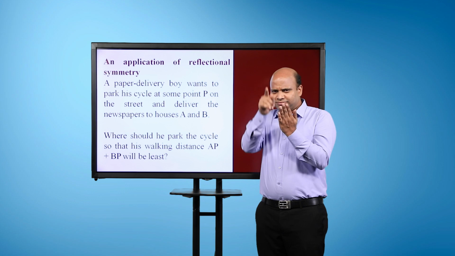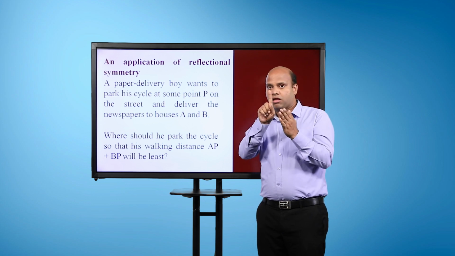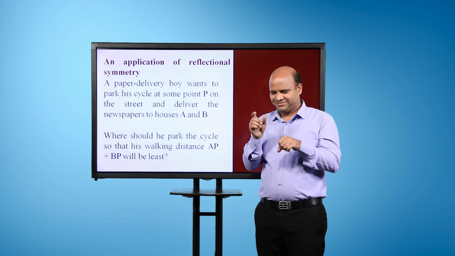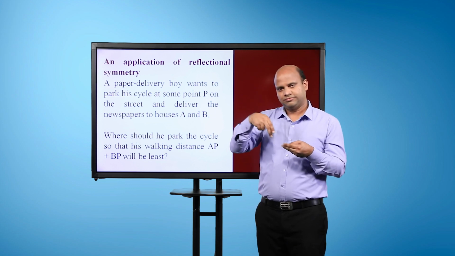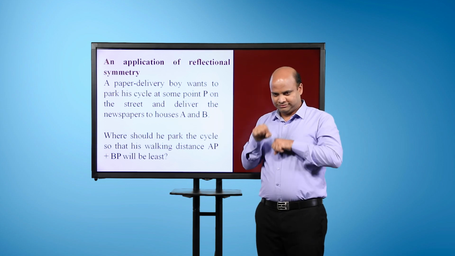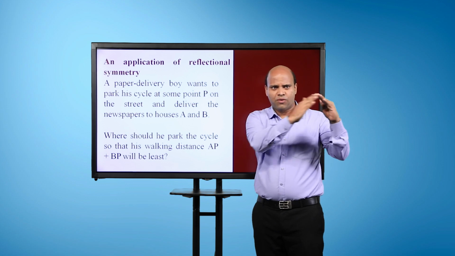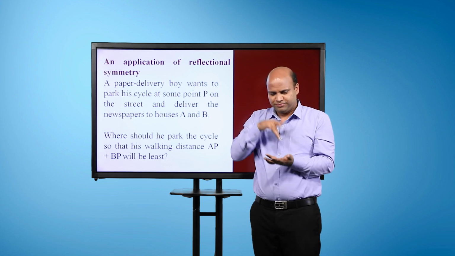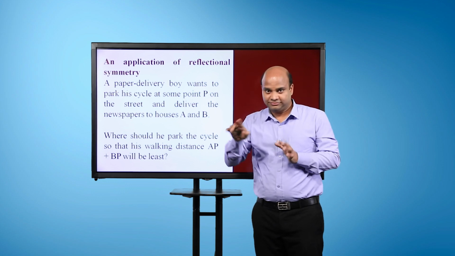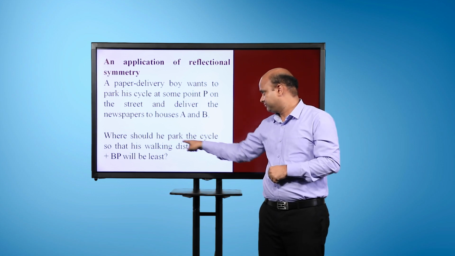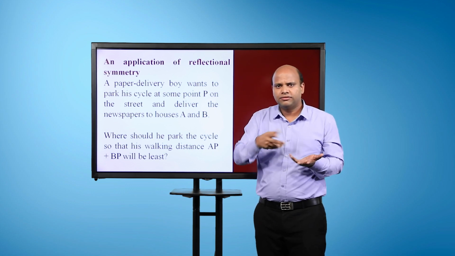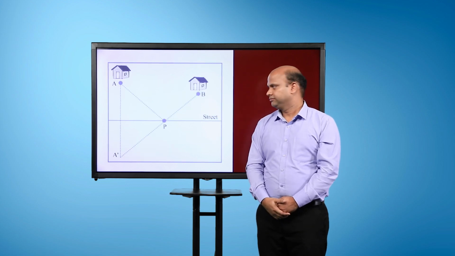An application of reflectional symmetry. A paper delivery boy wants to park his cycle at some point P on the street and delivers the newspapers to houses A and B. Where should he park the cycle so that his walking distance AP plus BP will be least?